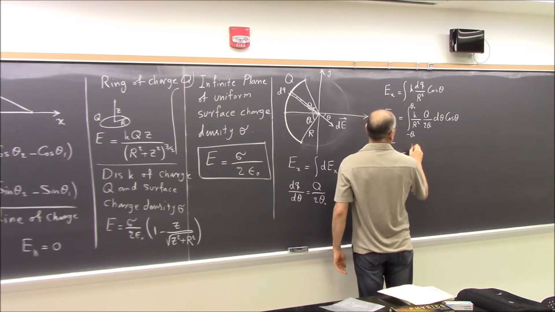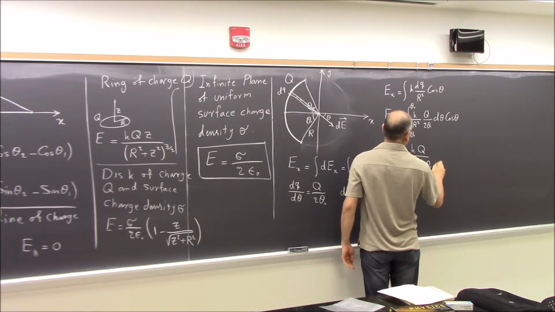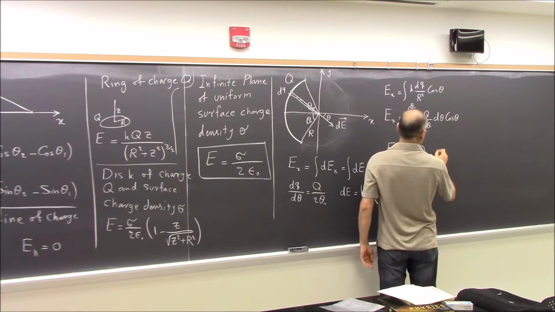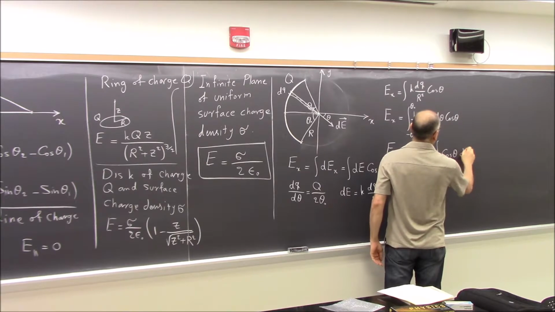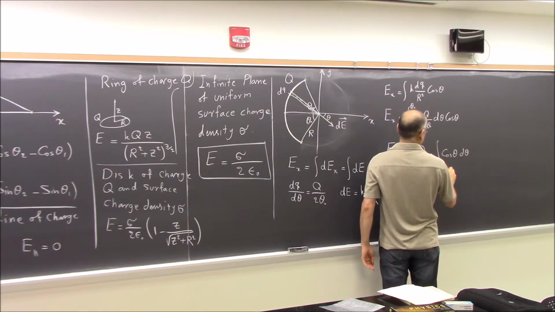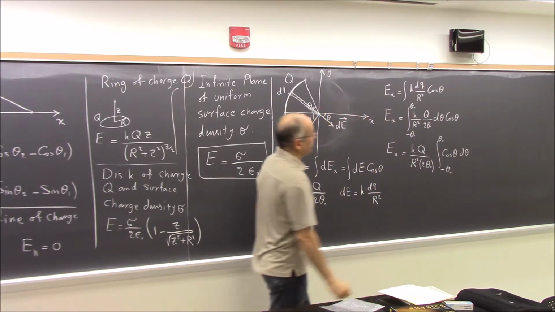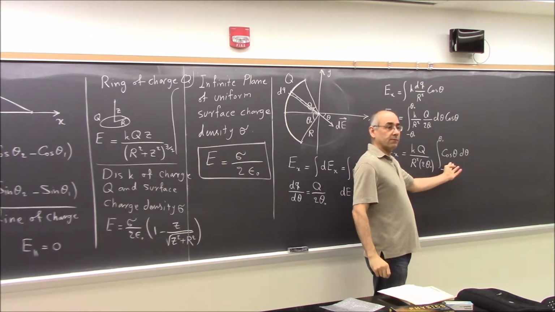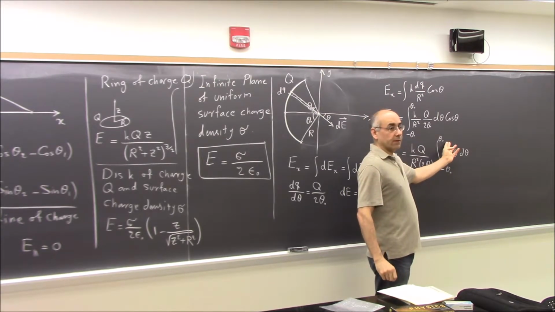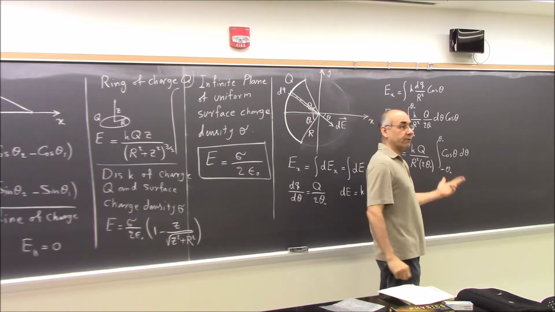Ex will be k q over r squared times 2 theta naught, then you have integral of cosine theta d theta, from negative theta naught to theta naught. Integral of cosine is sine. It will be sine of theta naught minus sine of negative theta naught, which gives you 2 sine theta naught.